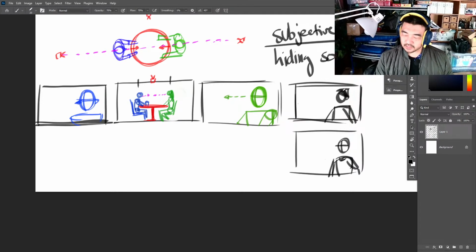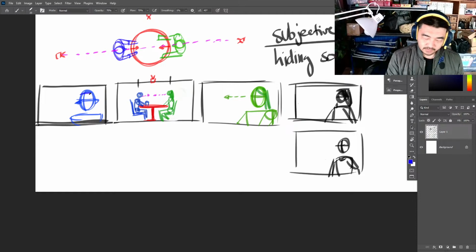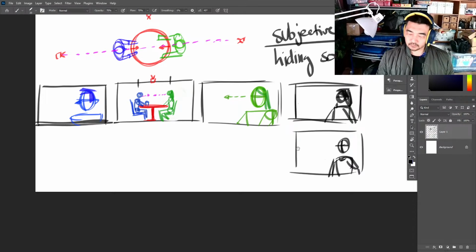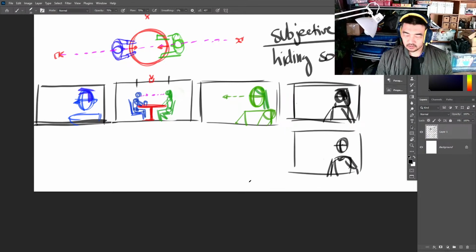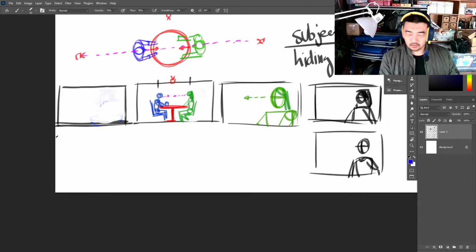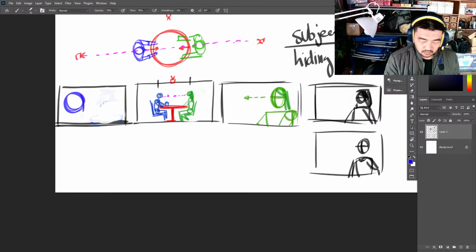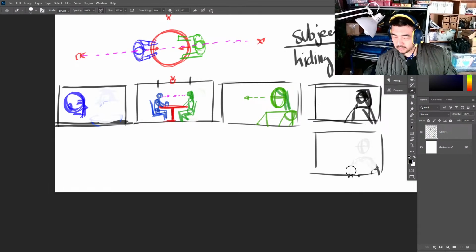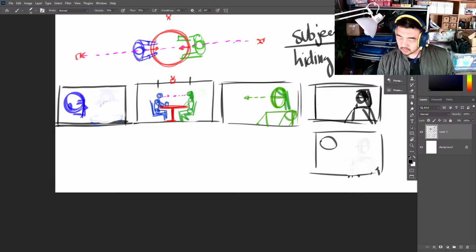Even though, let's say this is a female right here, and this is a male right here, it's still kind of confusing. So that's why we throw this character on that side. So when it cuts, it looks like they're looking at each other.